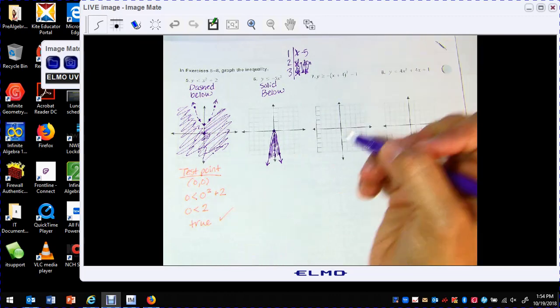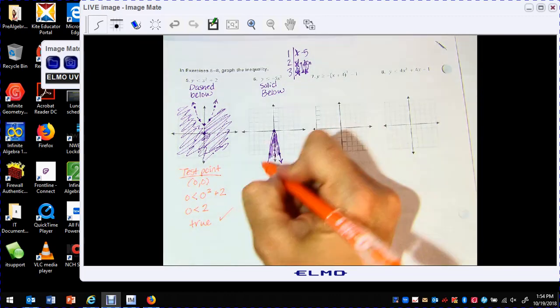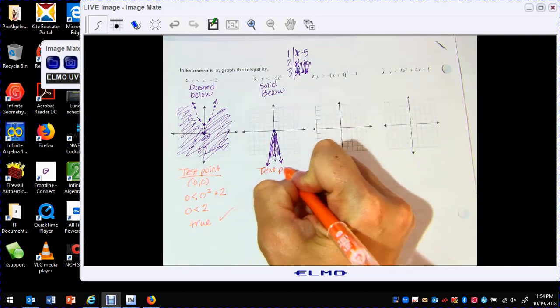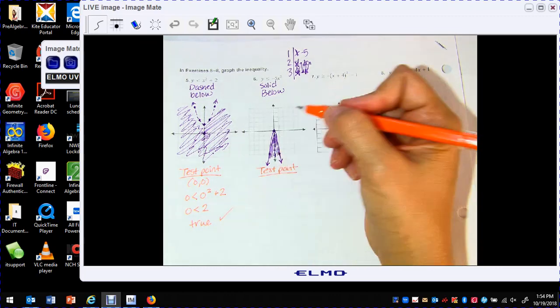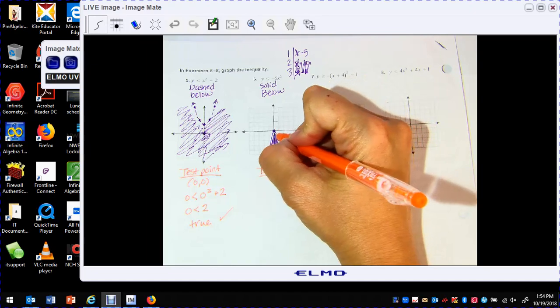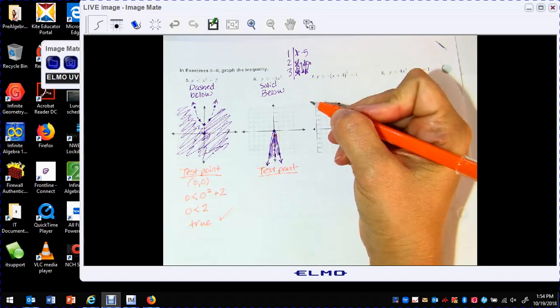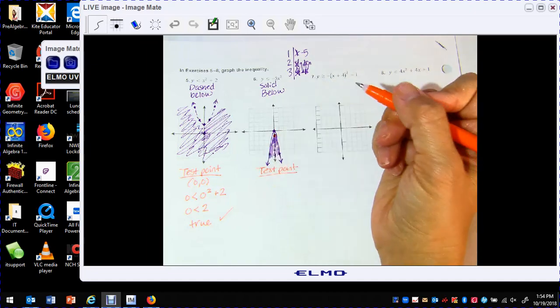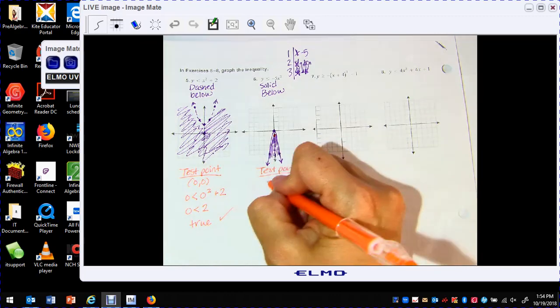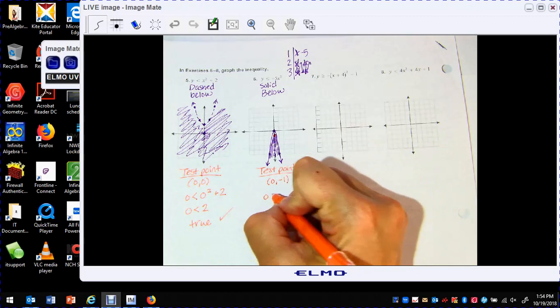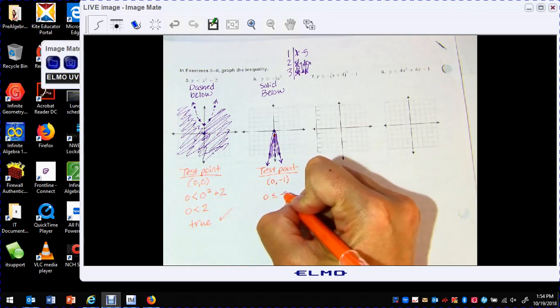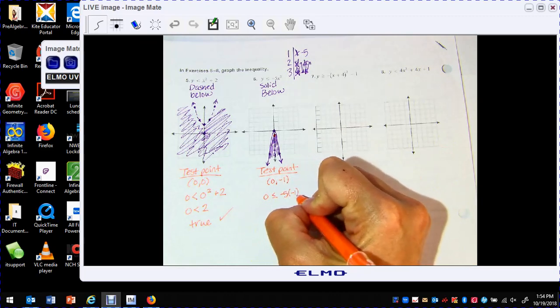Okay, and let's do a test point. In this case, you can plug in anything, but I can tell 0, -1 is inside where I shaded. So I'm going to try 0, -1. So I plug in. I have -1 less than or equal to -5 times 0 squared. Sorry, I just plugged them into the wrong spot.